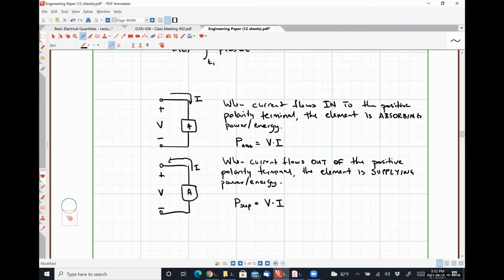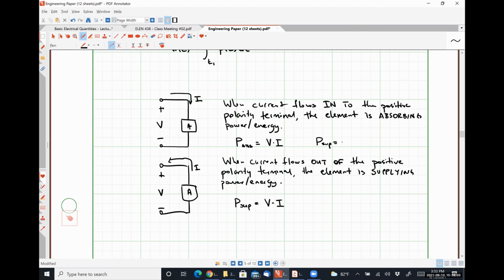So we can relate these two quantities pretty easily because the only difference between them is the direction of current flow, right? So I could say that in my first example, the power that is being supplied is just negative the power that's being absorbed, because the direction of the current is in the opposite direction, right?